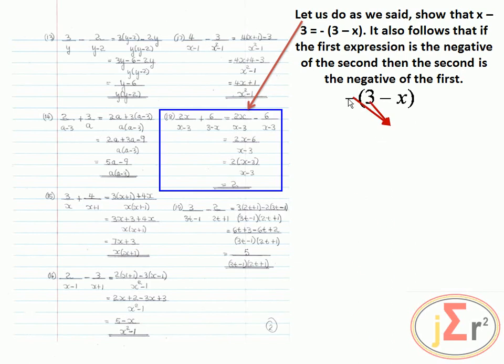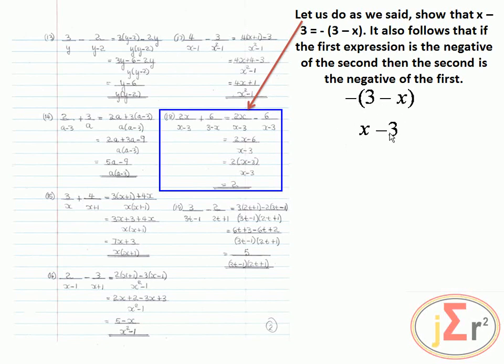So the negative with this 3 will give negative 3. And the negative with the negative x will give a positive x. So negative times negative is positive, and that's all there is to it. So we are sure that the negative of 3 minus x is equal to x minus 3.